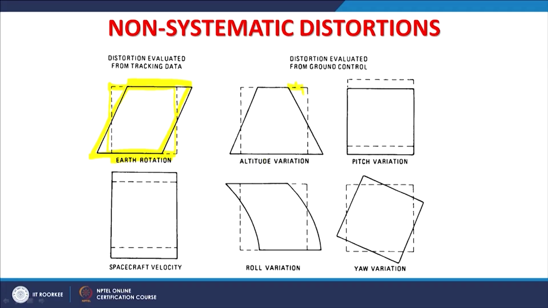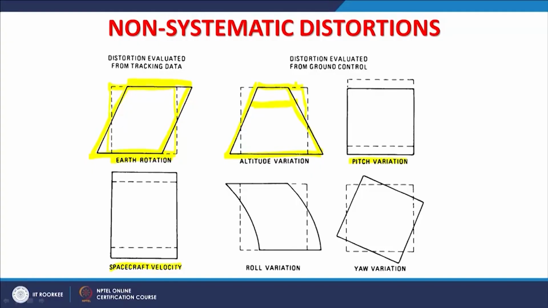The expected one is the dashed line, whereas in the image here the altitude has gone high, and therefore it is covering a large area but at a smaller scale, and here the altitude has come down, bringing altitude distortions. Now, pitch variation: suppose the aircraft or your drone is going like this, and suddenly it dips like this. So, if there is a pitch, again there will be distortion.